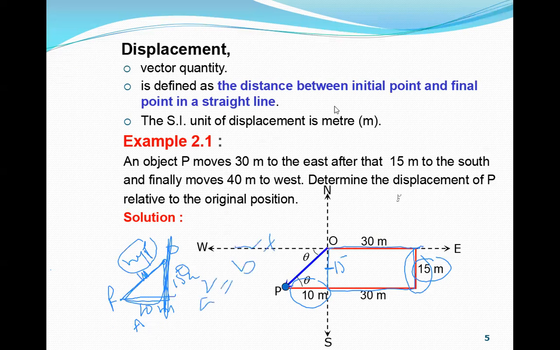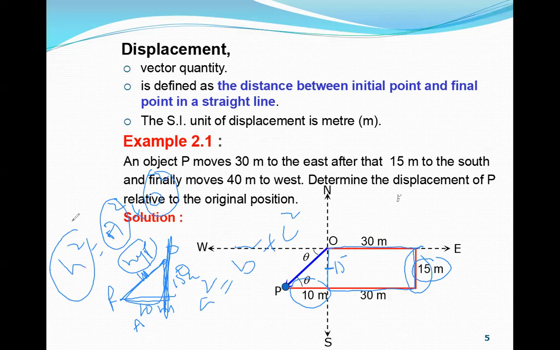But here we write h square equals a square plus o square, meaning adjacent square plus opposite square equals hypotenuse square. Got it?